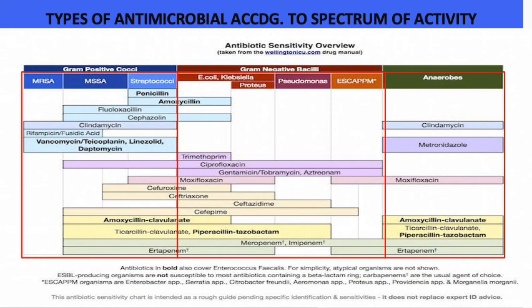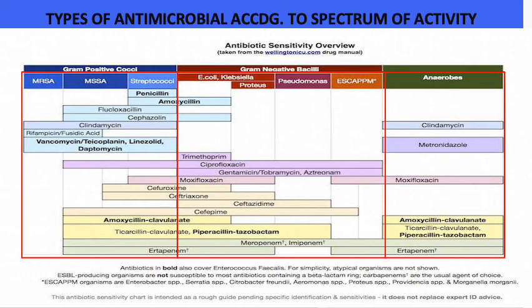Remember that extended spectrum penicillins and amoxicillin clavulanate may have anaerobic coverage. The carbapenems can cover a wide range of organisms, ranging from your gram positive to your anaerobes, and are therefore reserved for the more serious infections.